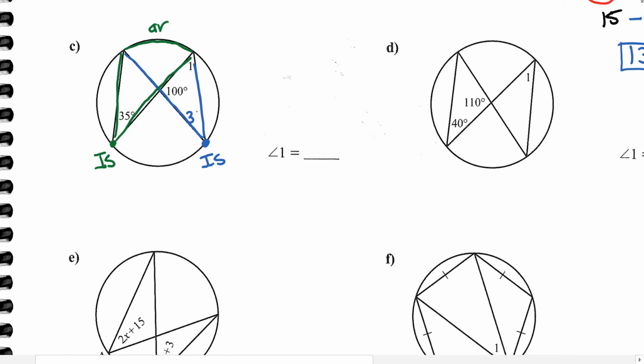So this has a value of 35 degrees. Now you have a triangle over here, and triangles add up to 180 degrees. So 180 minus the 100 minus the 35. If I go to my calculator, I get a value of 45 degrees. So that's the value of angle 1.